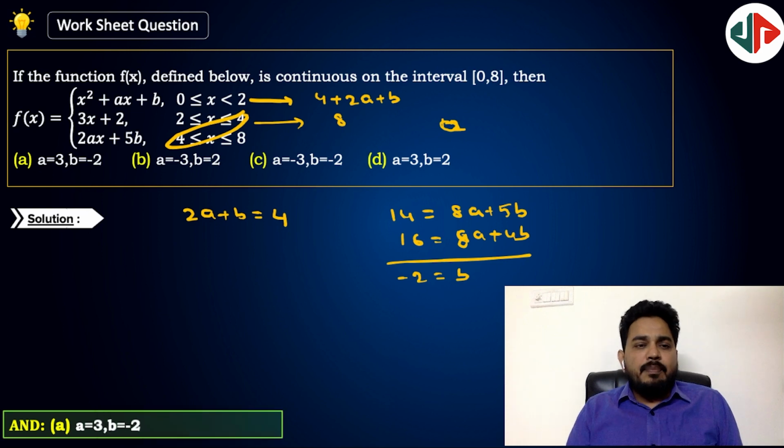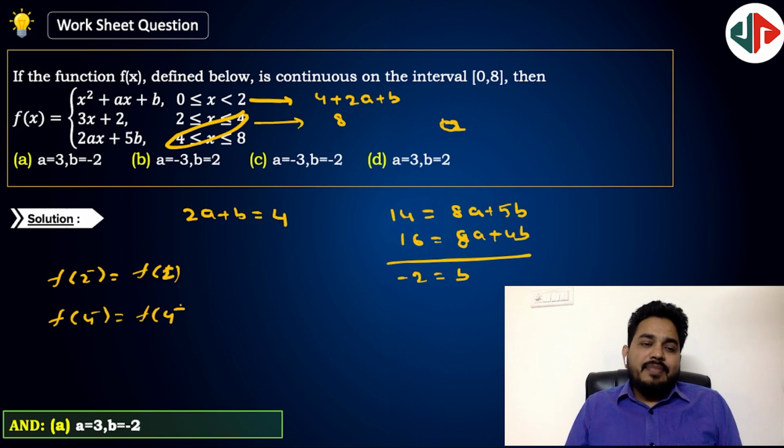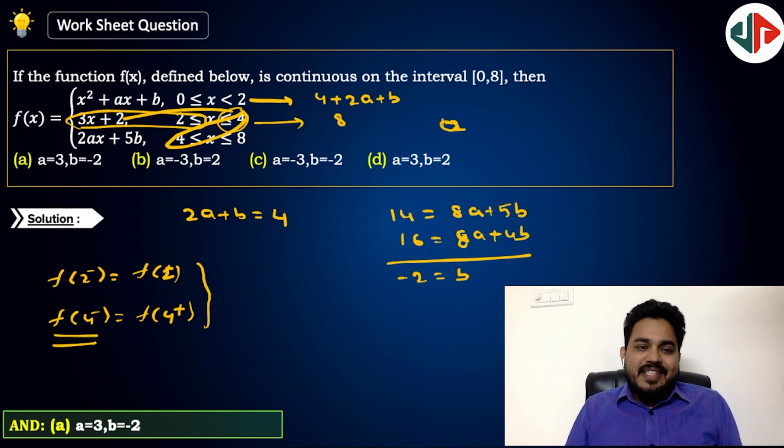So simply you need to write f of 2 minus is equal to f of 2 and f of 4 minus is equal to f of 4 plus. See, here already f of 2 is already included, so there is no problem. And f of 4, my plus also, my f of 4 also there. So you can check it out this one. Because it is taking care of f of 4 and this is taking care of f of 2.